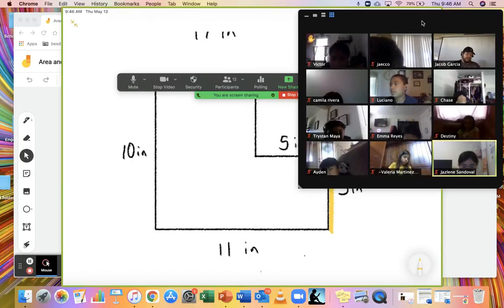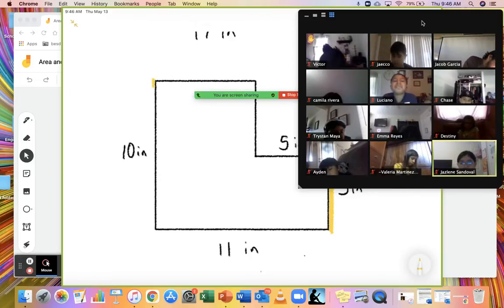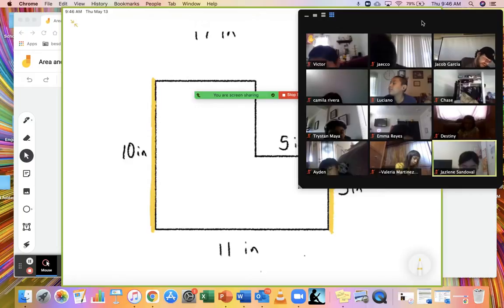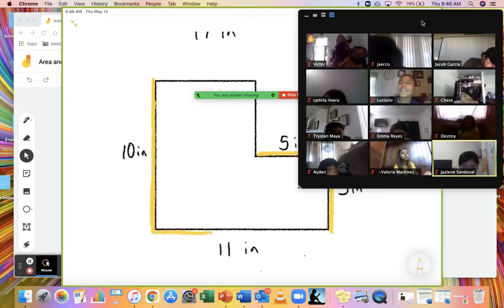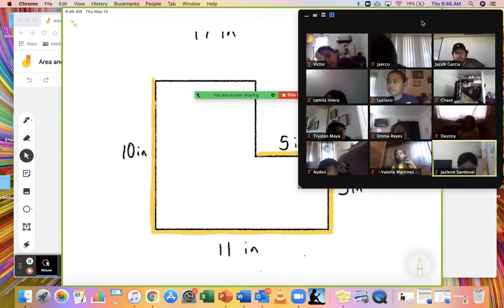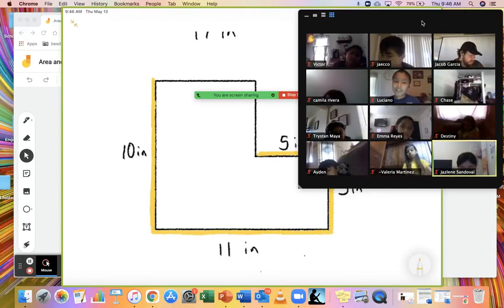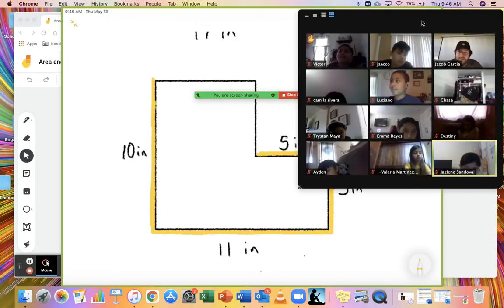You need to know all the sides to be able to solve the problem, because the perimeter is the outside of the shape, or the outline of the shape, measured and presented. So if we look right here, I'm highlighting in yellow. Those are the sides we have right now. We can't find perimeter because we don't have everything.